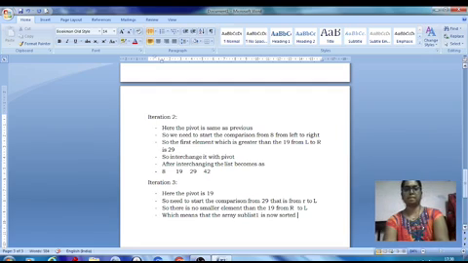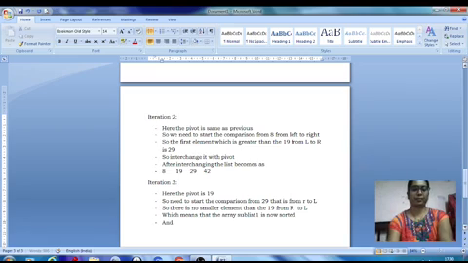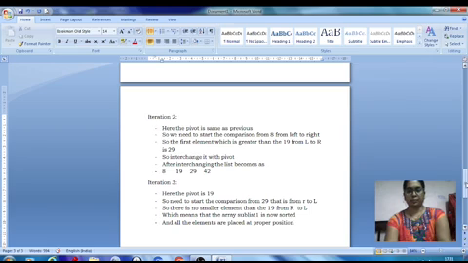Okay, and all the elements are placed at proper position.